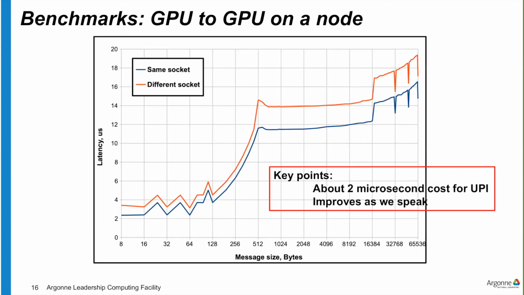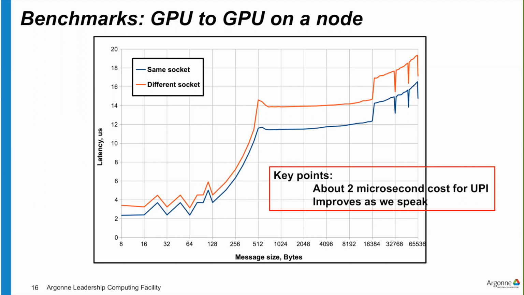I come to the benchmarks, and there are a few benchmarks that I want to present here. This is an example of moving data from one GPU to another GPU with the help of MPI send, MPI receive, running from two MPI processes on a host and using GPU buffers on devices.